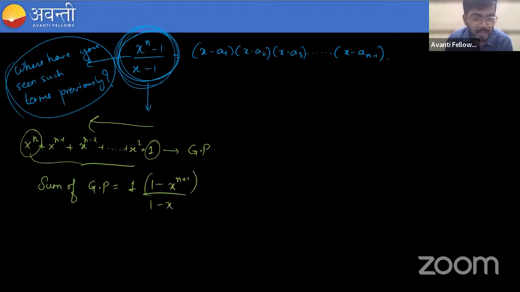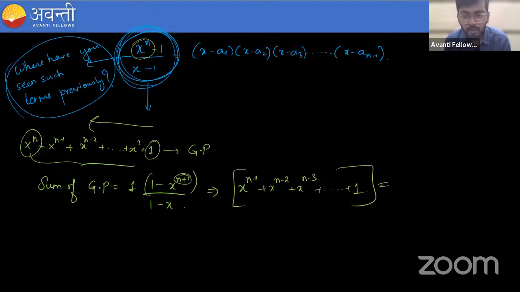Upon 1 minus r. Since the number of terms were n plus 1, the power came out to be n plus 1. So for the power to be n, what should be there? The number of terms should be n, right? So the GP will be x power n minus 1 plus x power n minus 2 plus x power n minus 3 and so on up to 1, right?